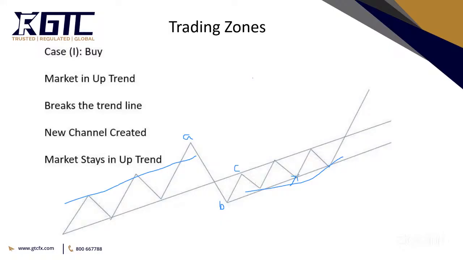Over a period of time, it's going to oscillate between the two trend lines. Why? The upper trend line is going to give resistance, so the market is going to find downward pressure, and the second trend line is going to provide support, so the market is going to bounce higher from that point.